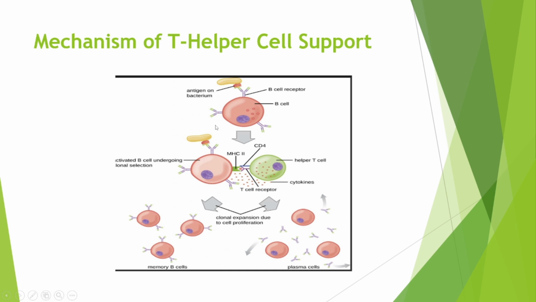After engulfing, the activated B cell undergoes activation. Then, after the B cell engulfs and processes the antigen, it displays fragments on the surface of the B cell, bound to the MHC II molecule.